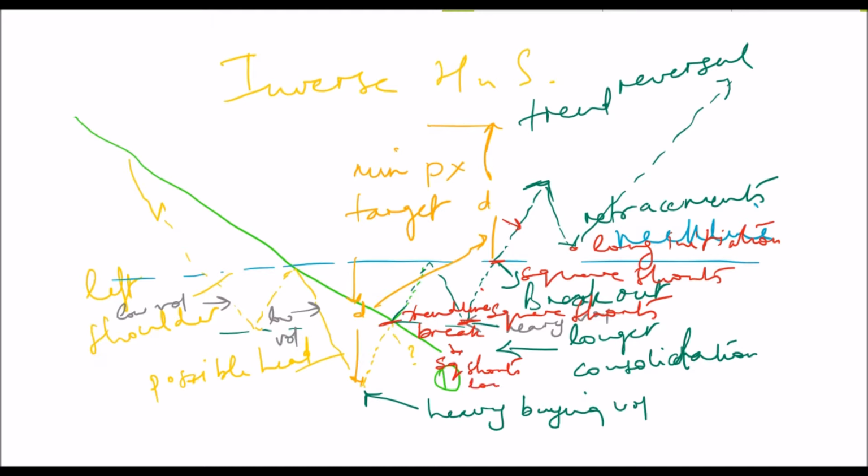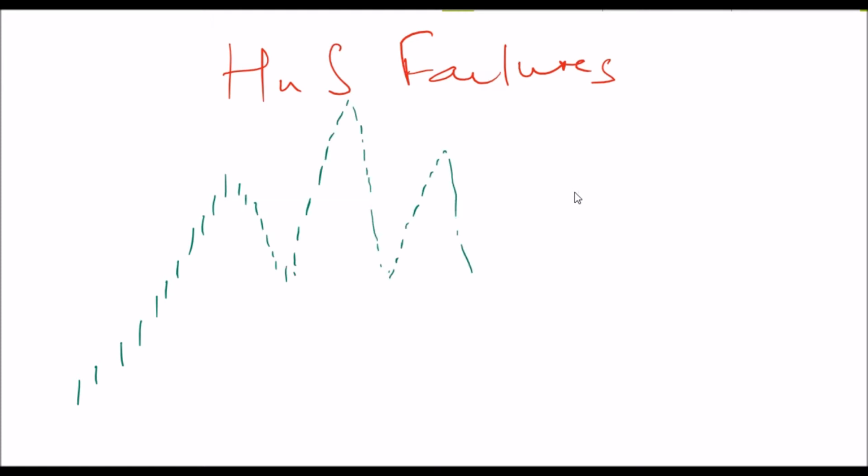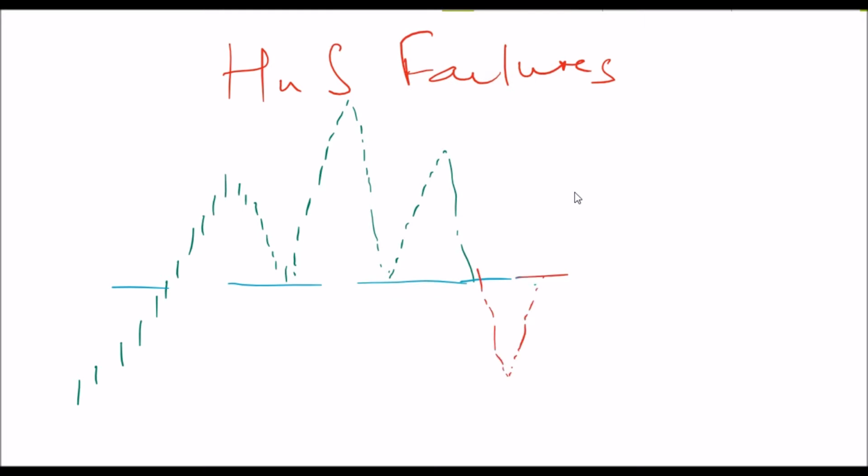Now, for both the head and shoulder formations, a close below the neckline after a breakout during the price retracement signifies a failure of the head and shoulder pattern. Remember that the neckline played a strong role as a resistance in the inverse head and shoulder and must provide support to the return move post the breakout.